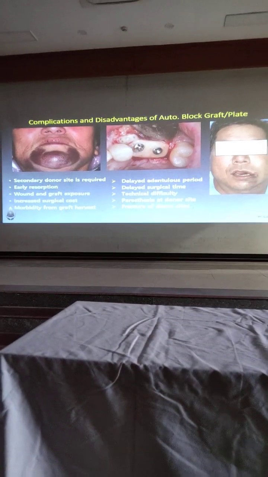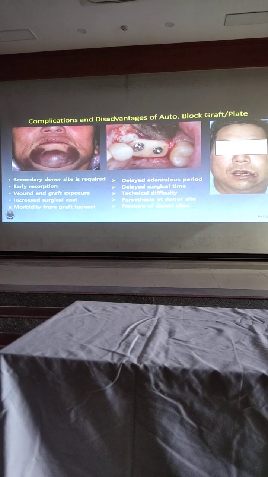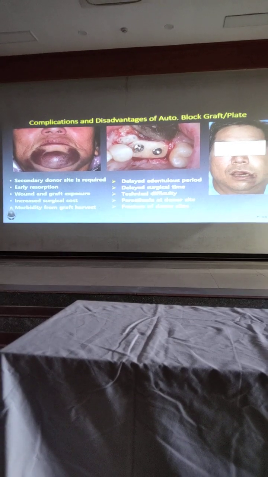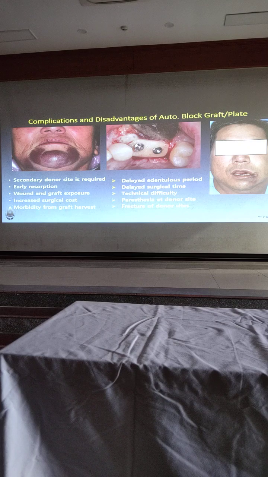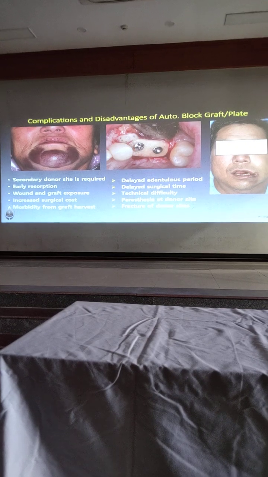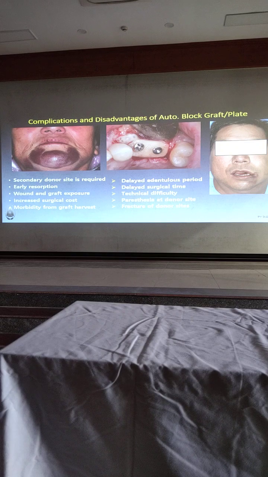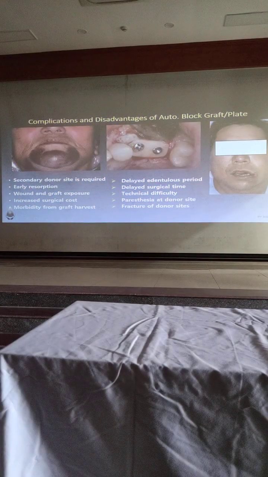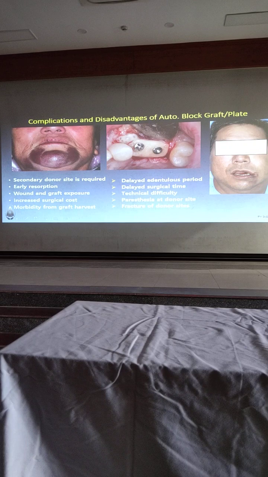I have done many cases using accordance of Blackburn harvest to become chin. Then from I start to use that before, and just on this slide, many complications are always this slide shows the complications related with graphic autonomous of Blackburn or bone clay.